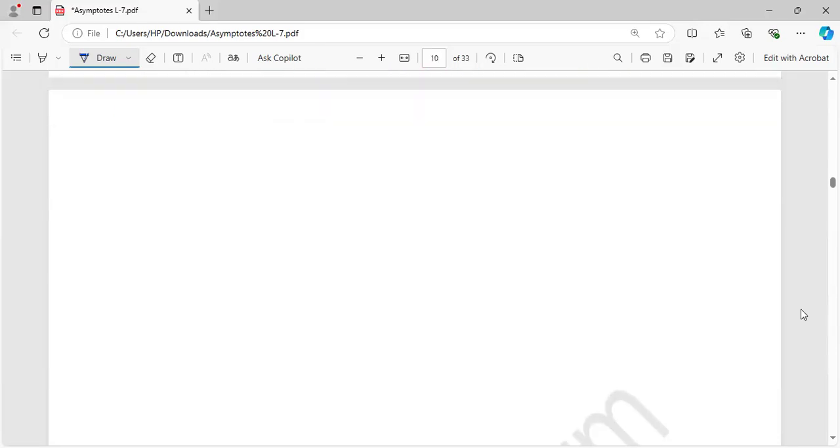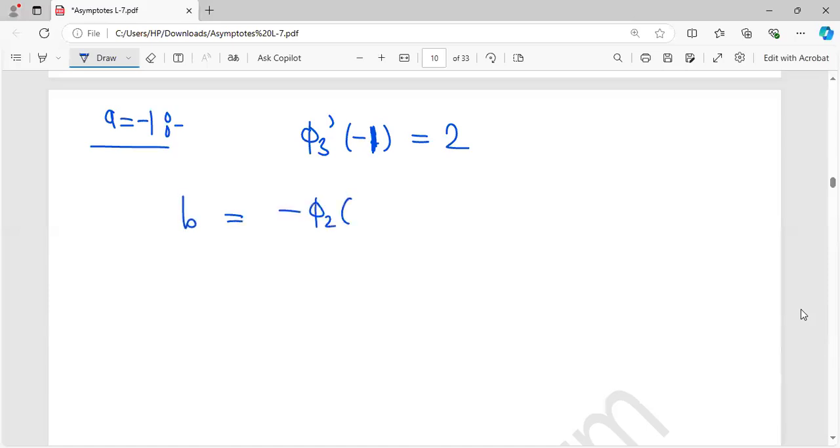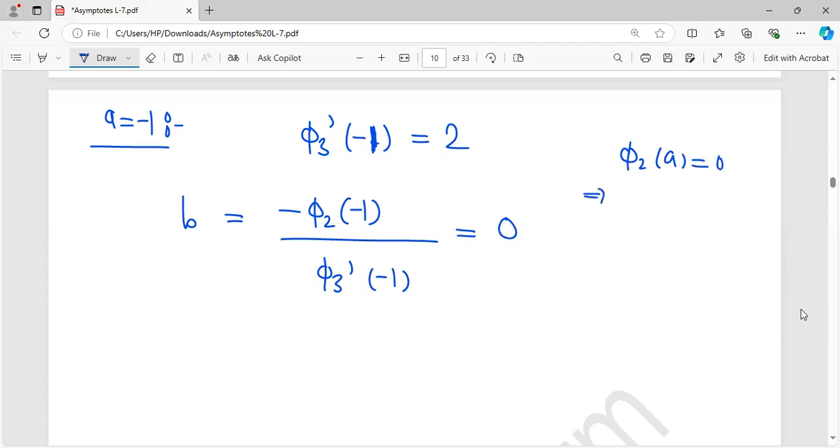And what about a is equal to minus 1? What is phi 3 dash at minus 1? It will be 2. Now b will be minus phi 2 of minus 1 upon phi 3 dash of minus 1. So this will actually be 0, because phi 2 of a is 0. So this implies phi 2 of minus 1 is also 0.